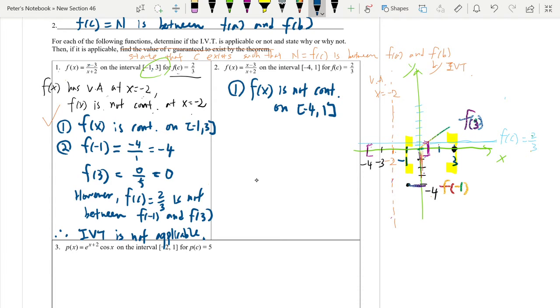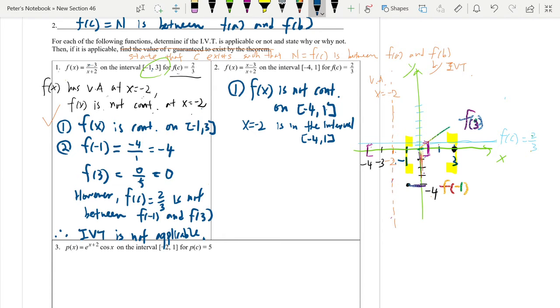Because f of x is not continuous at x equals -2, and -2 is in the interval -4 and 1. The point of discontinuity, x equals -2, or that vertical asymptote, happens to be in the interval -4 and 1.